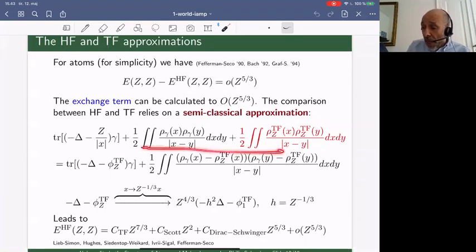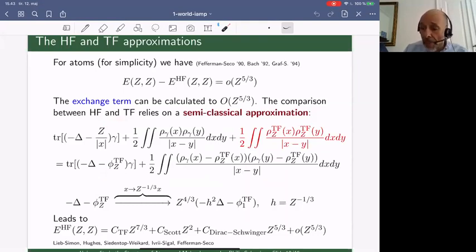I complete the square, which means that I'm actually adding and subtracting the cross term, which is the interaction of the rho Z with the rho gamma. Exactly putting this back together with this potential is going to give me the Thomas-Fermi density.